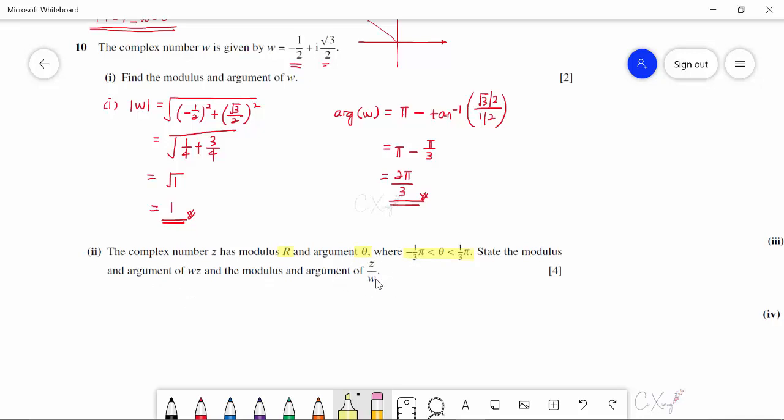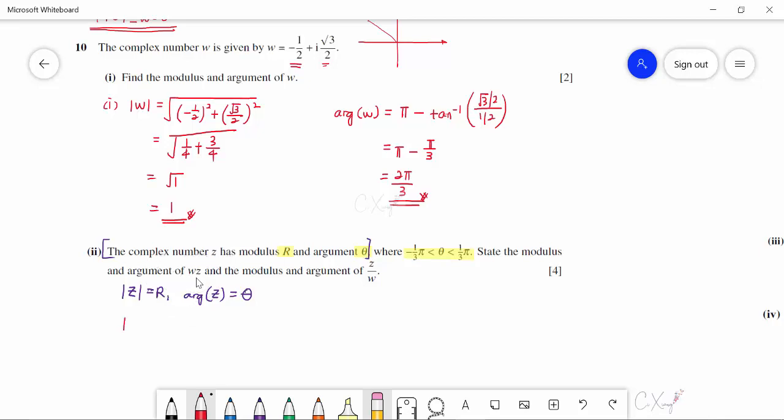From the first sentence given, we can write out some important information: the modulus of z is equal to r and the argument of z is equal to theta. This is the information I get from this sentence, and after that they ask us to state the modulus and argument of wz and also z over w.